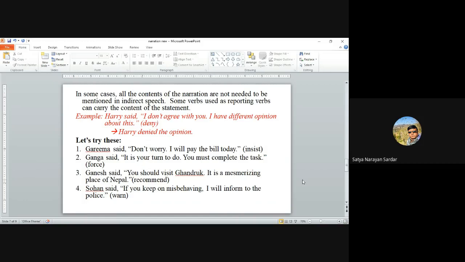Warn. Sohan warned me to inform the police. So, as per some changes in narration regarding content, regarding just the expressed idea, we have just to follow this pattern. We need not copy all the contents of the statement inside the inverted comma.